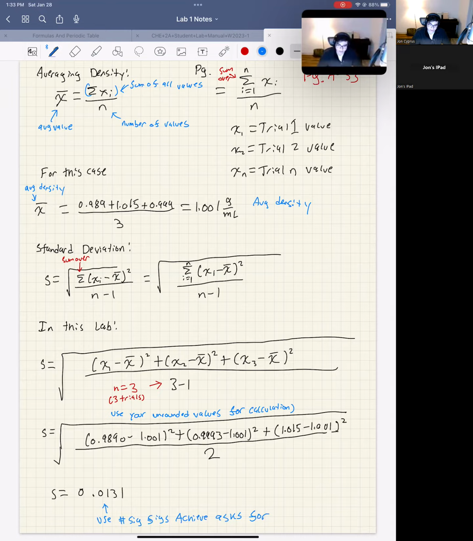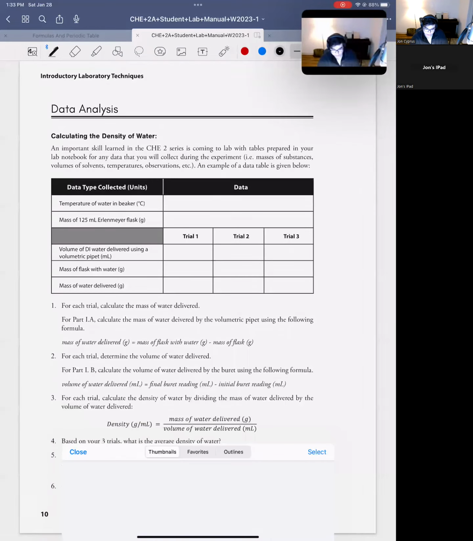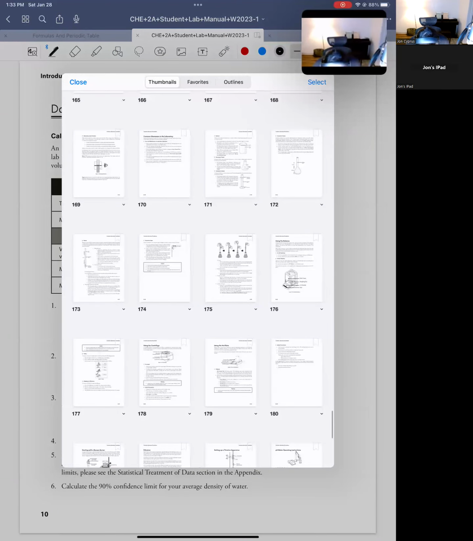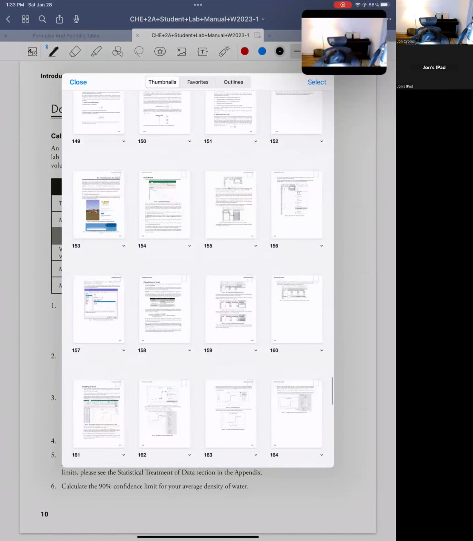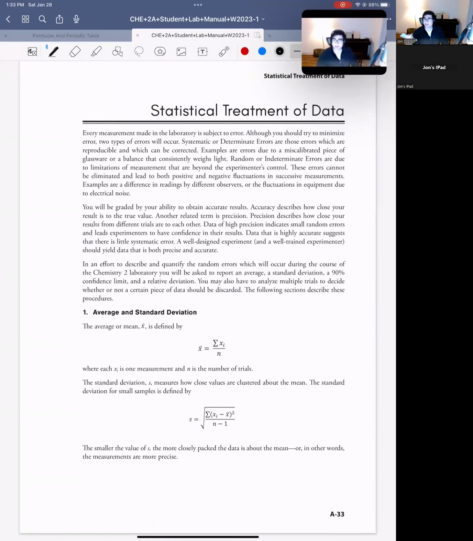Now we have to use the 90% confidence interval formula. Again, this is going to be on page A34, on the next page. Let me show you. Right here is where you get these formulas from.